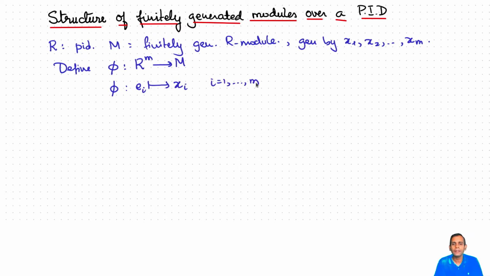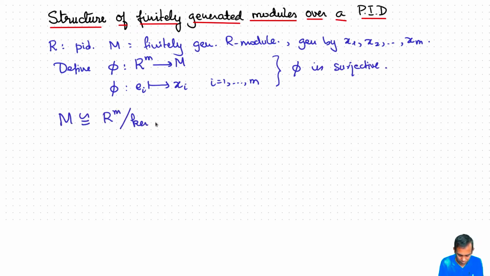And the fact that M is generated by x1, x2, ..., xn implies that this P is surjective. And therefore, M is isomorphic to R^n mod the kernel of P.